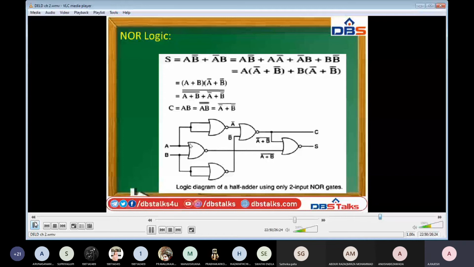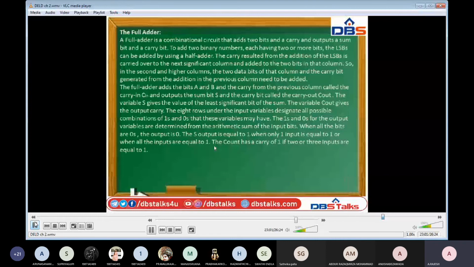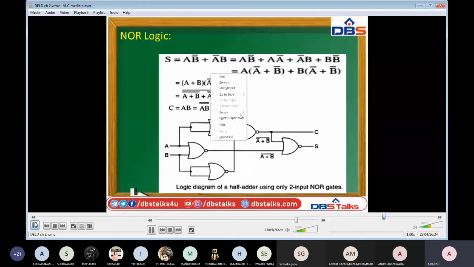Just make a note of this one. Here they have given inputs to a NOR gate, that is A and B as NOR gate inputs, that is A plus B whole complement.